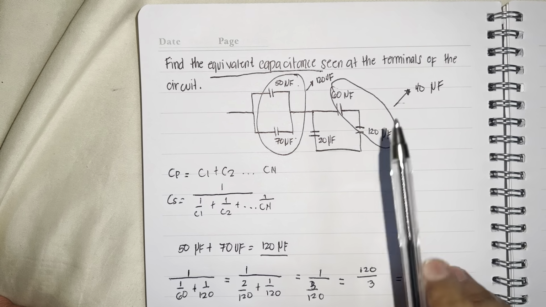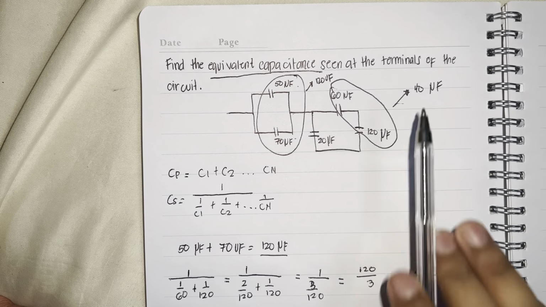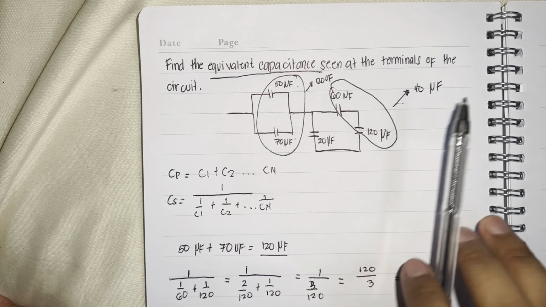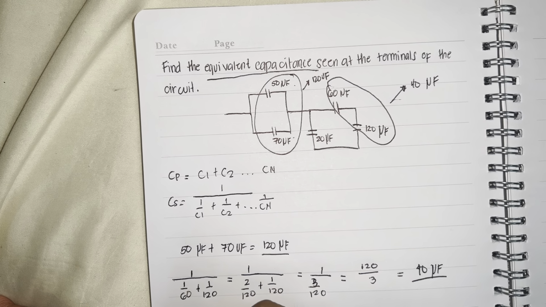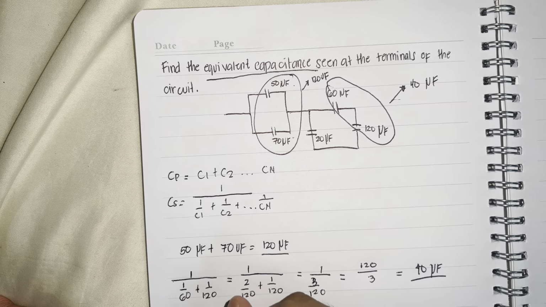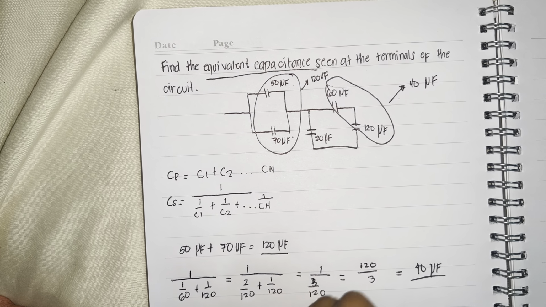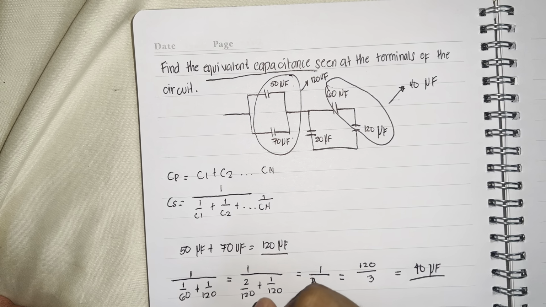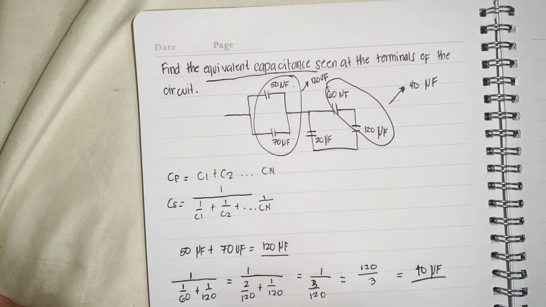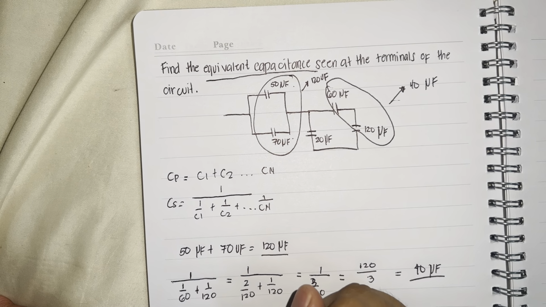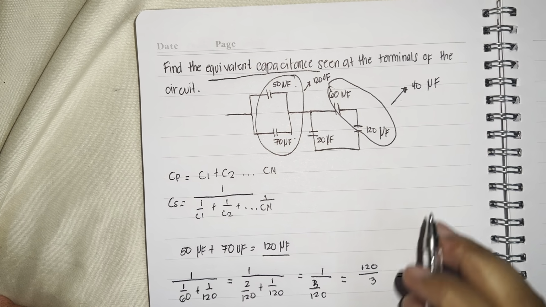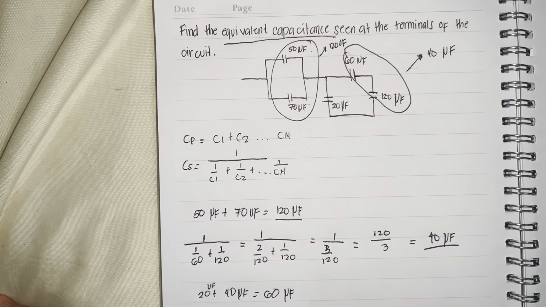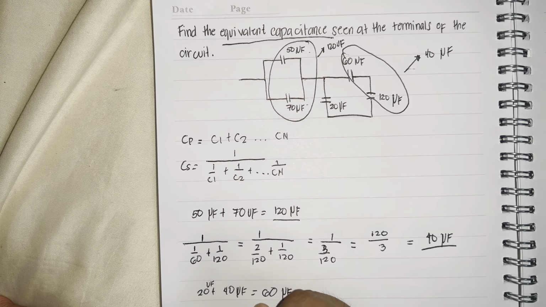Now the 20 and the 40 are now in parallel, so we will add 20 plus 40 microfarad, which is equal to 60 microfarad. Now the circuit will look like this.